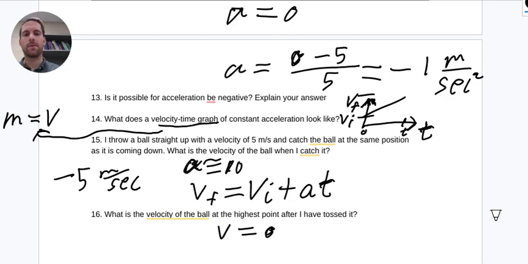So V final is going to be 0 because it goes to the top, so we want the one halfway up. V initial is 5. We know A is 10, but since it points downward, we'll say it's a -10.